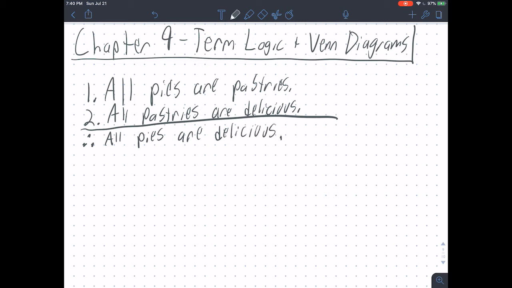If you think about that for a second, I think you will agree that the conclusion does follow from the premises. If it's true that all pies are pastries, and it's true that all pastries are delicious, then it has to be true that all pies are delicious. They're all pastries, and all pastries are delicious. So common sense says the conclusion follows from the premises.